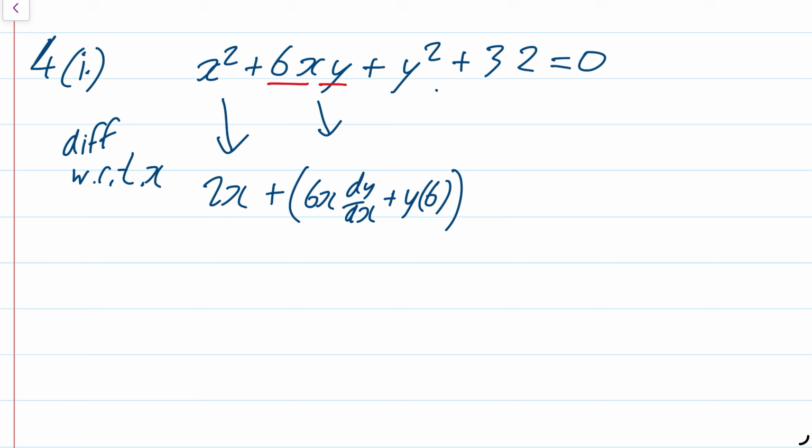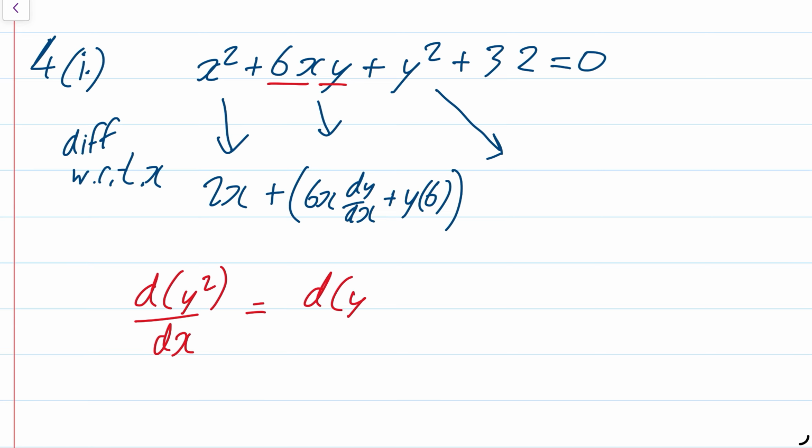Next thing we've got to do is differentiate your y squared. Now, you're really using the chain rule to do this. So if I really want to differentiate y squared with respect to x, I can't do that. I can't differentiate my y squared with respect to x. So what I do is differentiate with respect to y and then multiply by dy by dx.